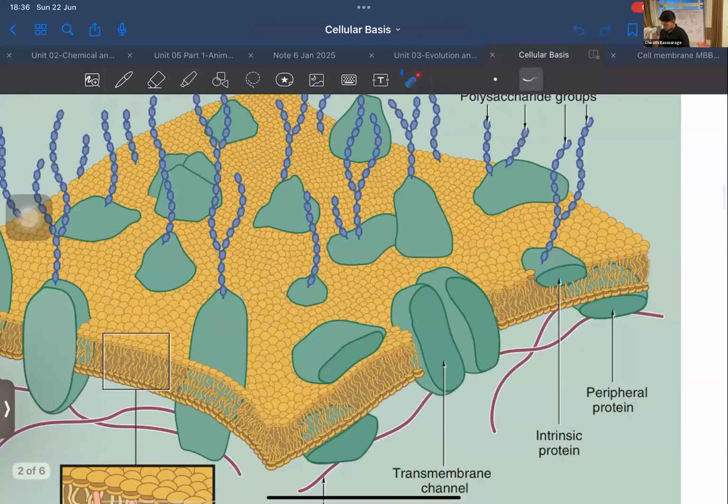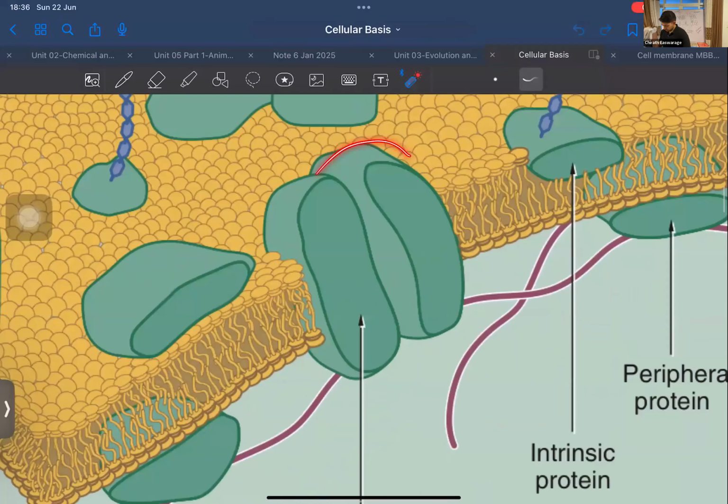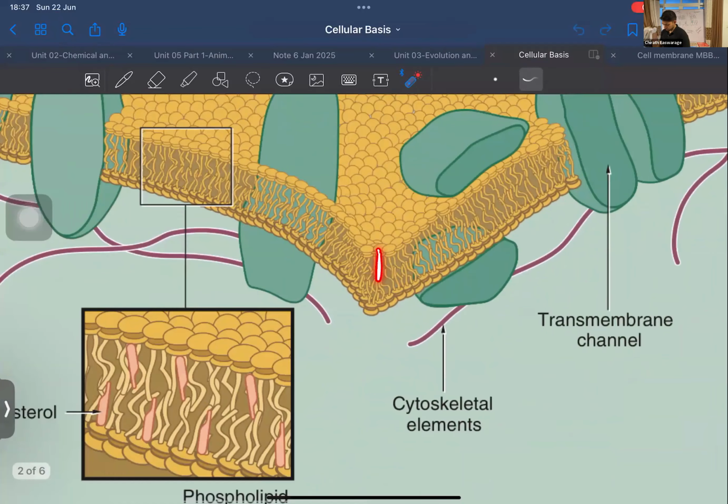This is a transmembrane protein. Why do we call this one a transmembrane protein? Because as you can see, it covers the entire thickness. So this is your phospholipid bilayer. These are the hydrophilic heads. And this is the hydrophobic interior.